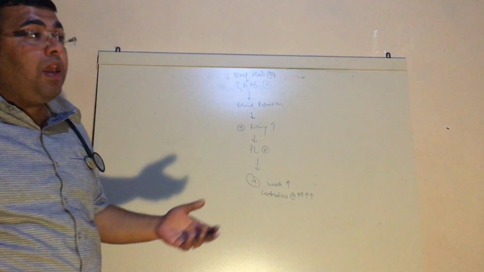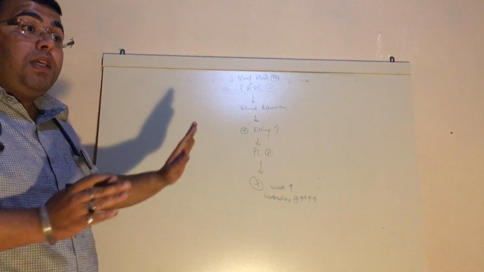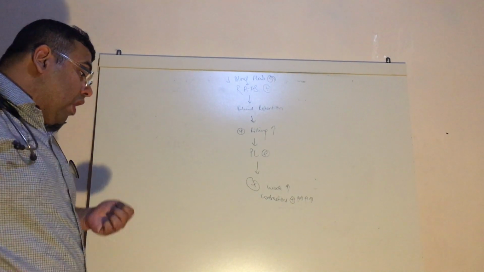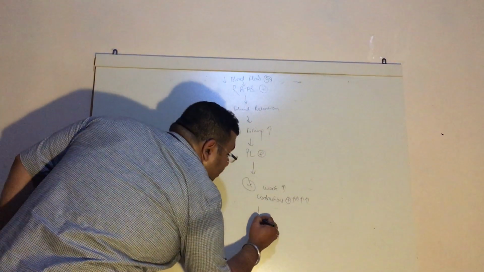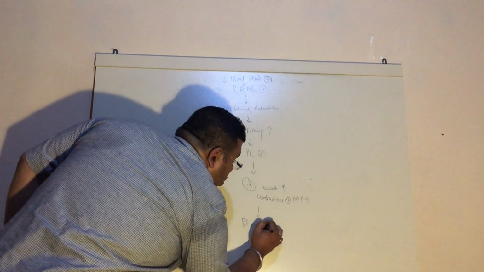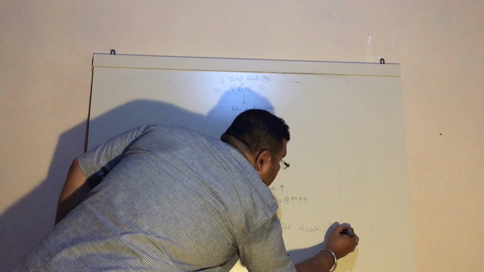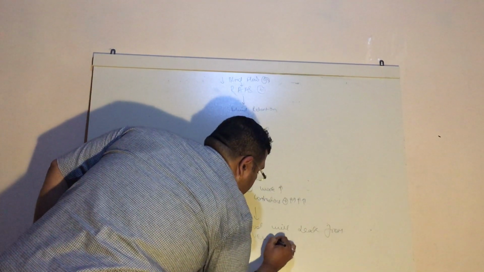needs to work more, right? That means contractions will be more. Heart will be working more and more, though it is in a heart failure state, but still it is trying to work more and more. What will happen now?